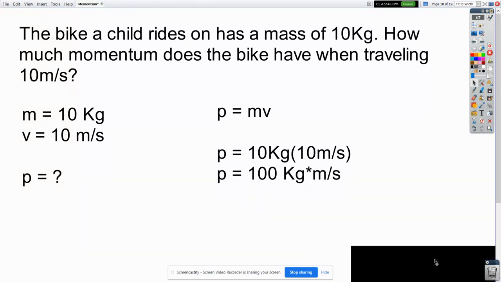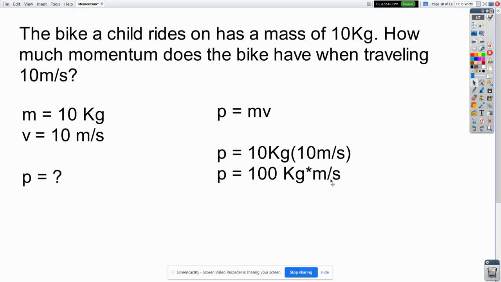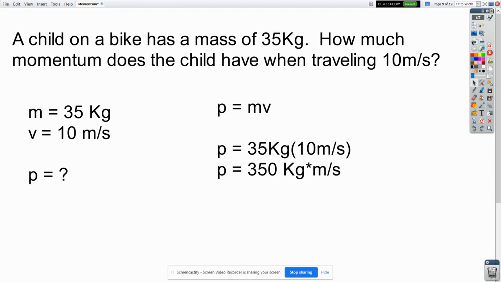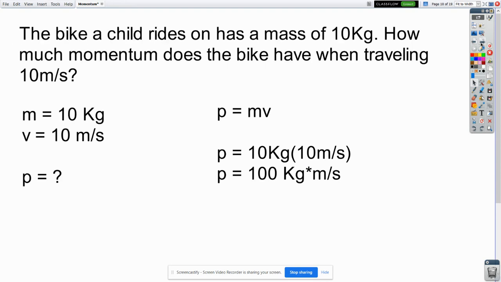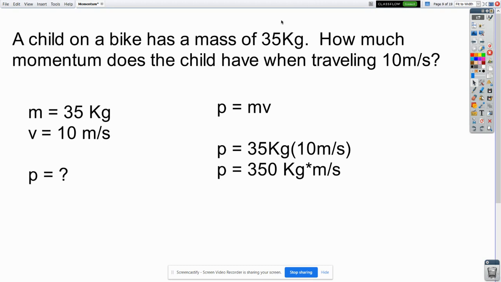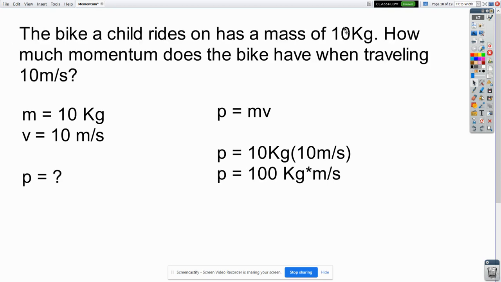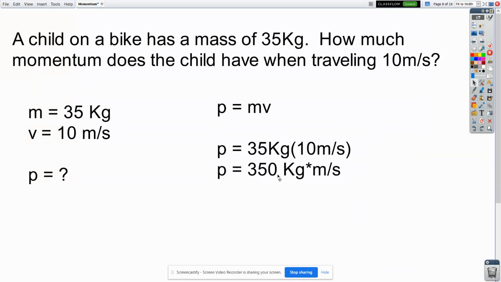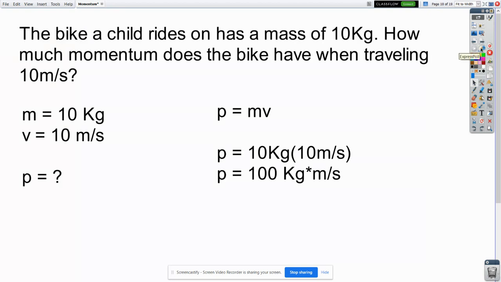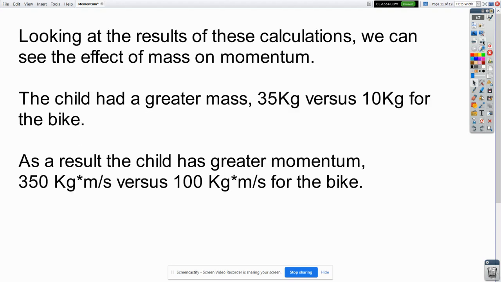Multiply those two together, you get 100 kilograms meters per second. So we went from 350 kilograms meters per second to 100 kilogram meters per second. And you'll note the amount of decrease in the mass, we went from 35 to 10, is proportional to the decrease that we saw in momentum. It went from 350 to 100. And it's a directly proportional relationship. Both variables change in the exact same way.